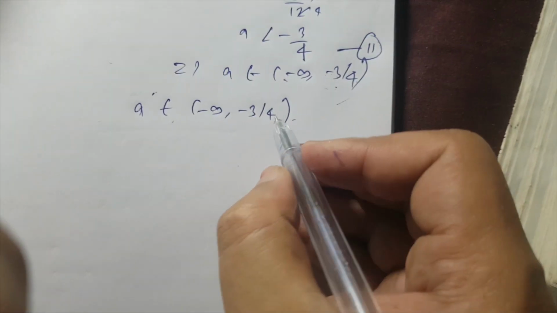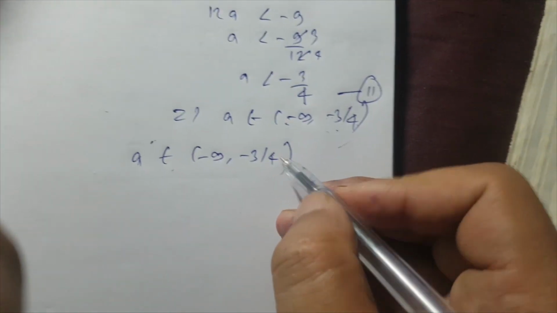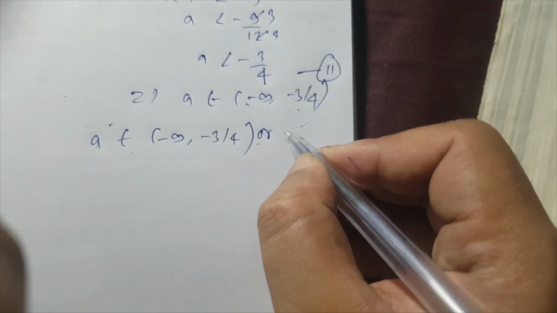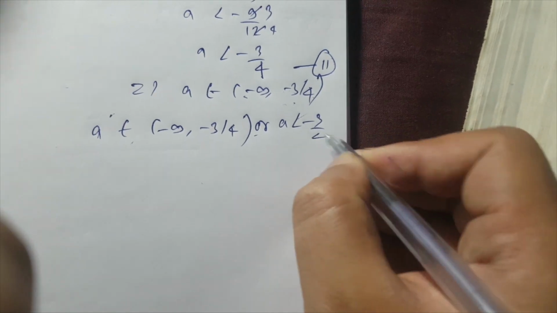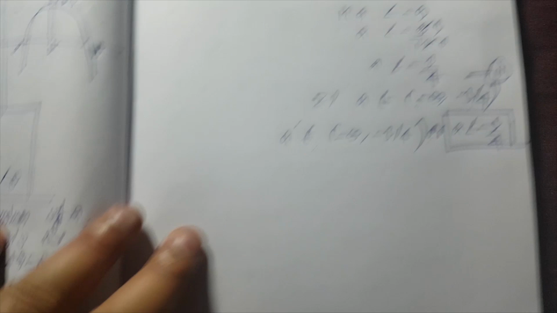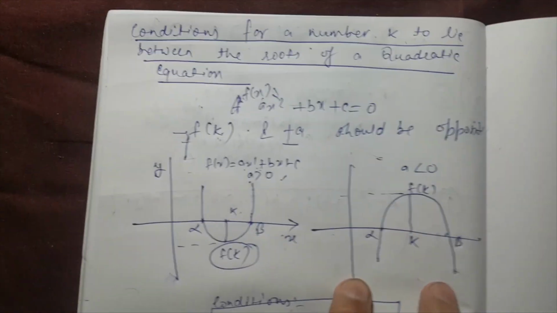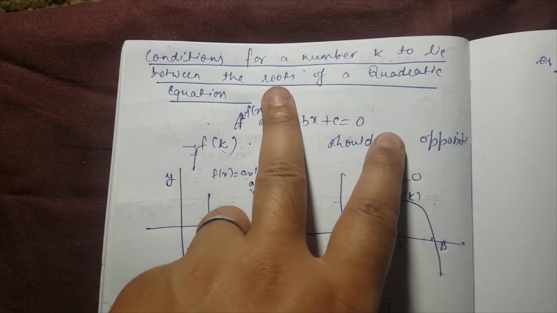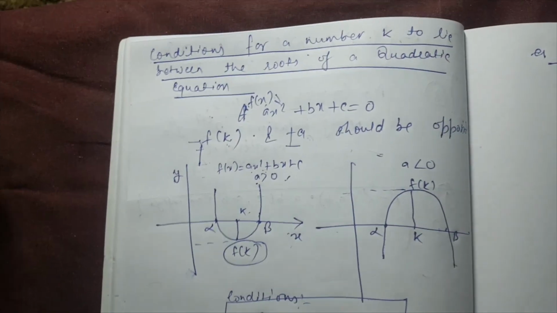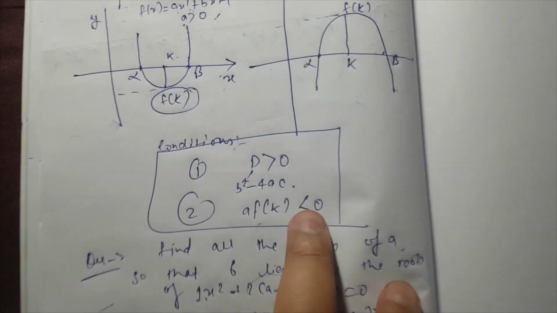You can write it like that, or you can write a is less than minus 3 by 4, anywhere you want. So in this video we saw what the conditions were for any number k to lie between the roots of any quadratic equation.